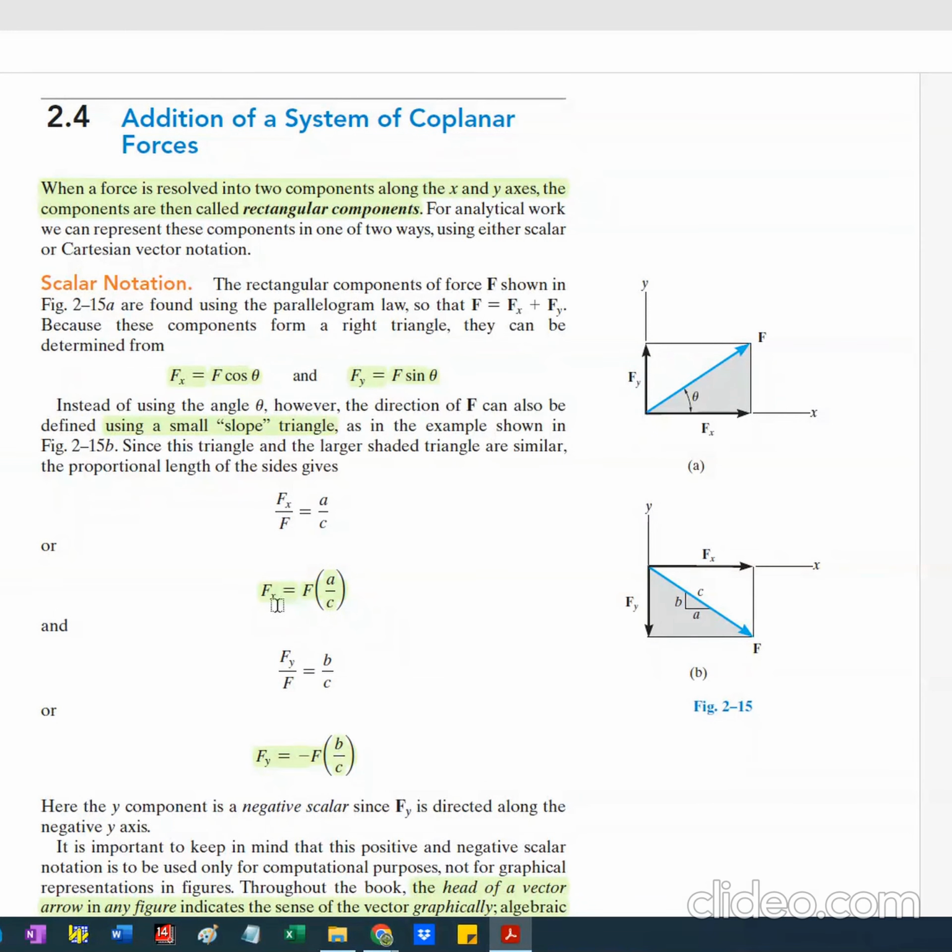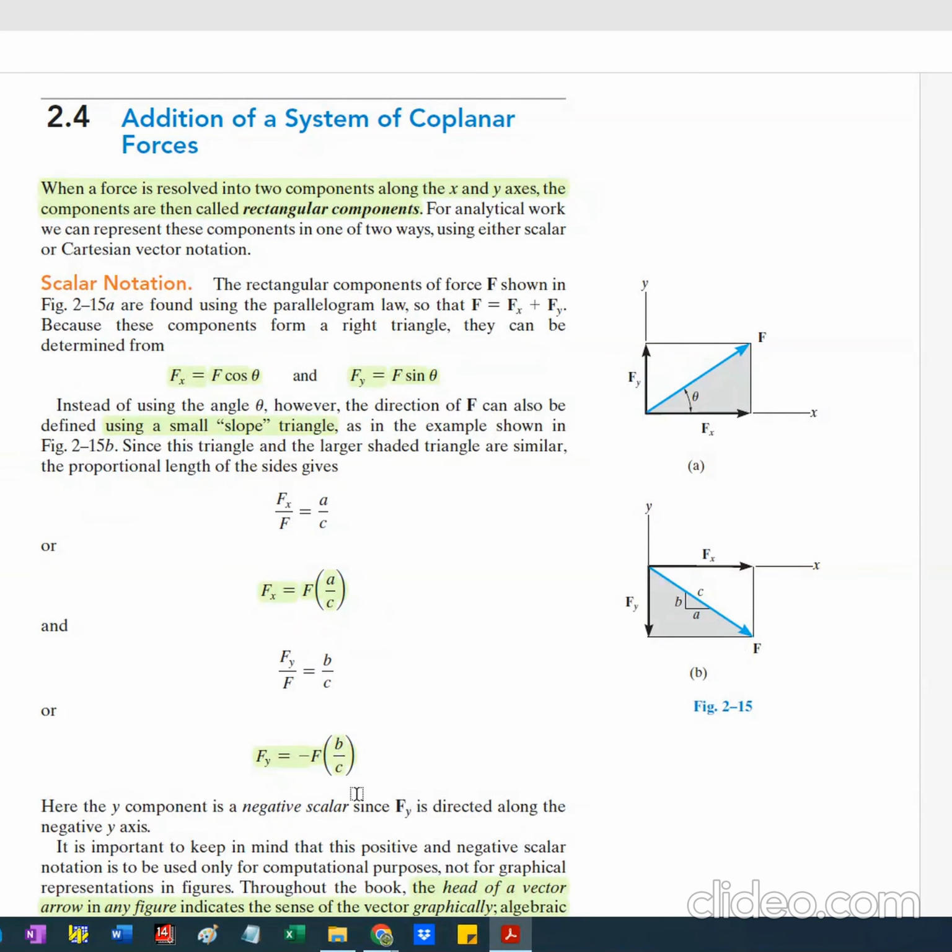So in that case, the projection over the x-axis is the magnitude F times A over C. So what would be A over C? That's going to be the angle formed here, between the horizontal and the C, or the direction of the vector.